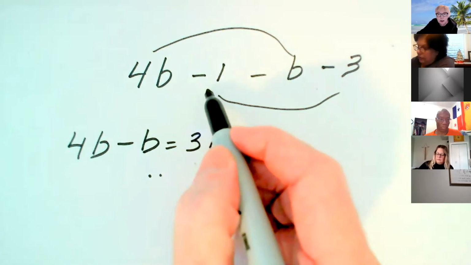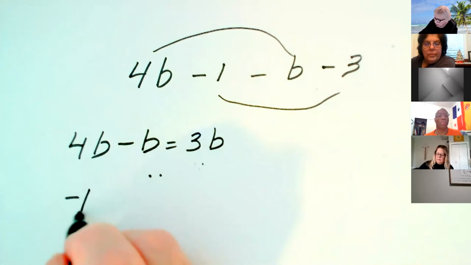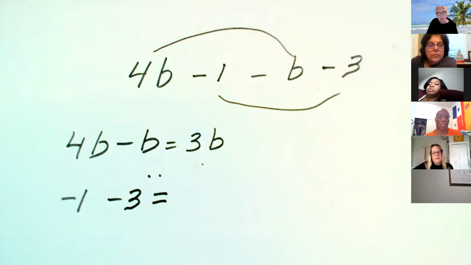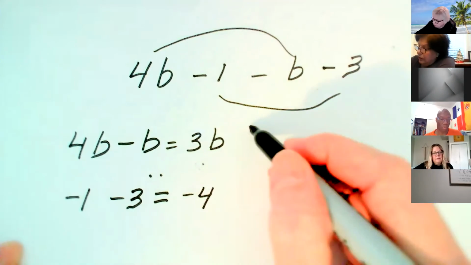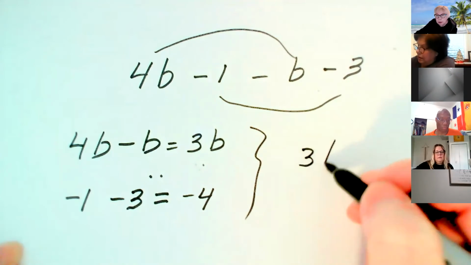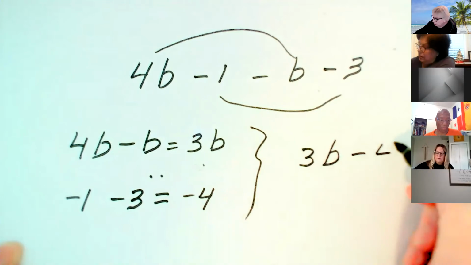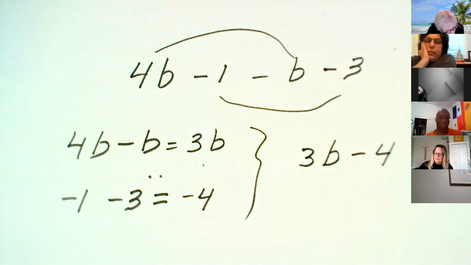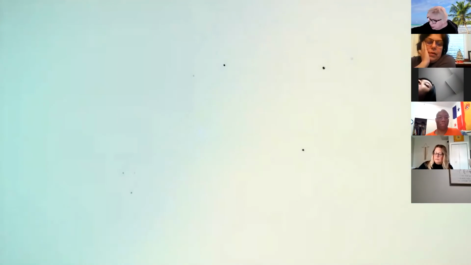And then as far as the numbers go, I've got -1, and then I've got a -3. How much is that? -4. So when I put this all together, I've got 3b minus 4. How's that? That's good. All righty.